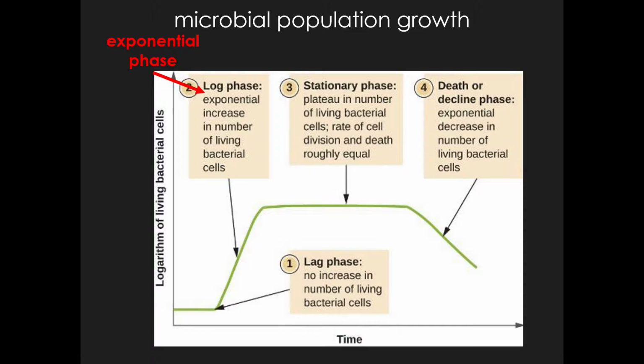Now, what I want you to understand is that though there is no binary fission going on, there's actually a ton of activity. Those cells are taking in nutrients, they're undergoing glycolysis and the Krebs cycle and the electron transport chain, right? Or maybe they're just growing fermentatively.